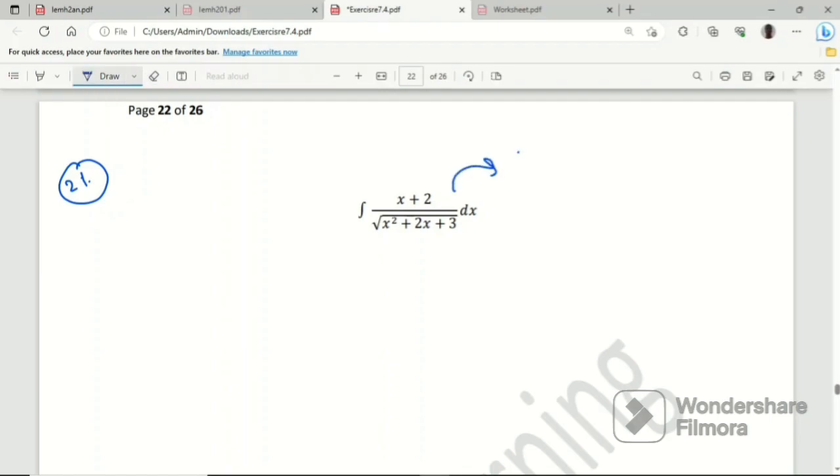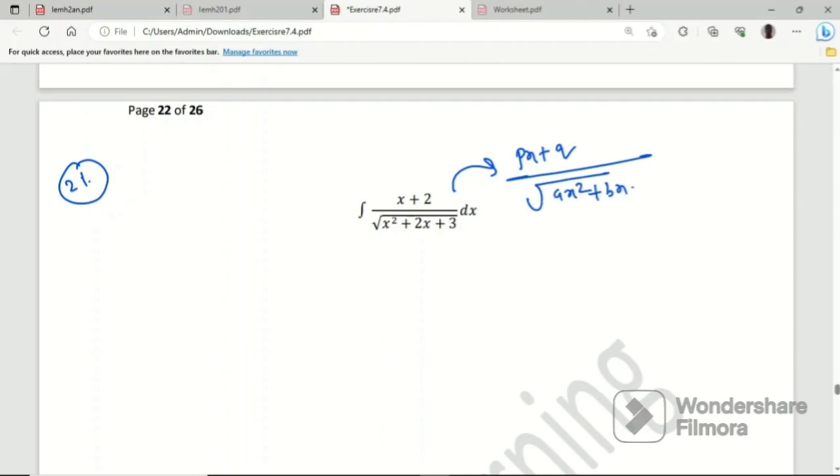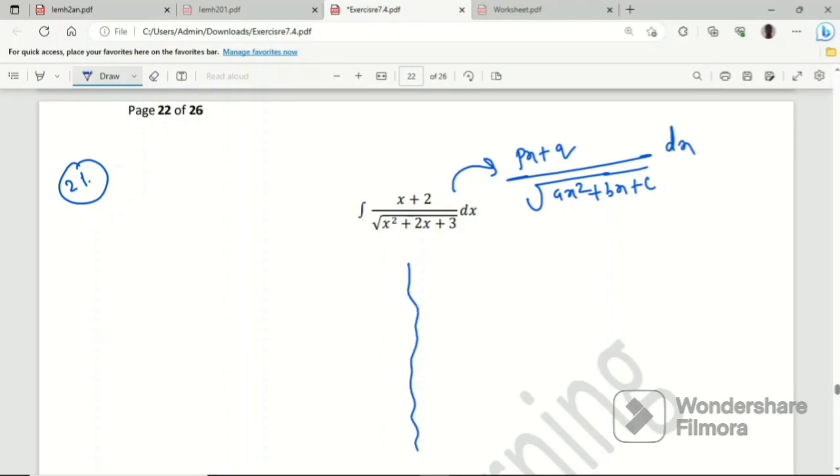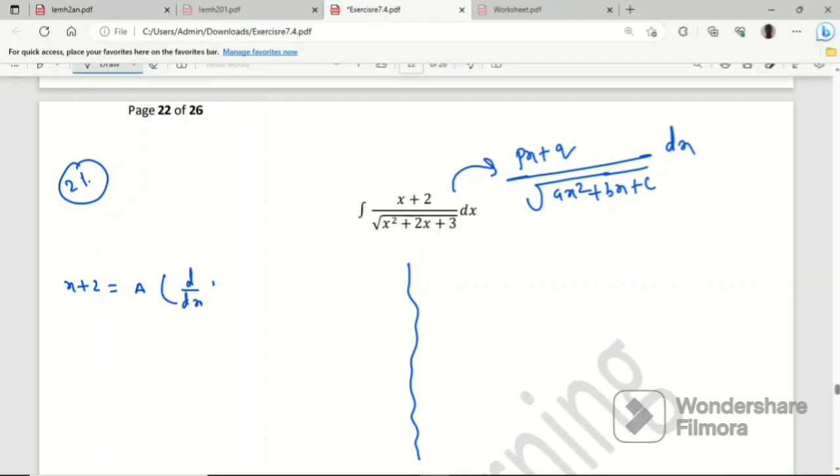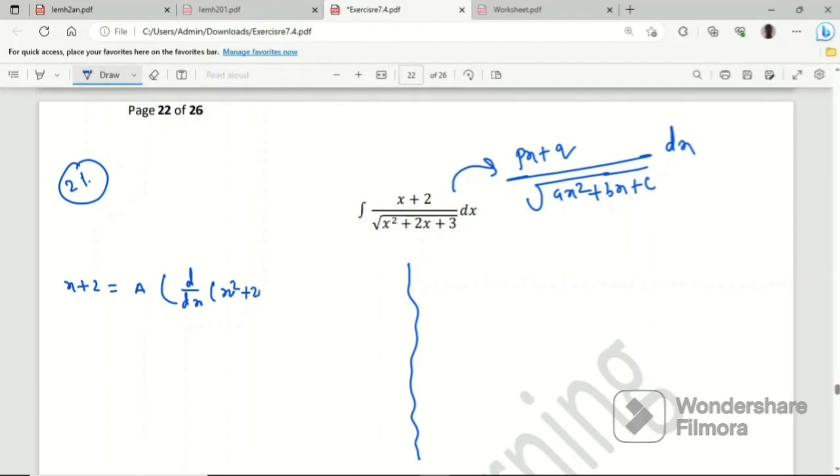So I need to use again the lengthier method we have to solve the px plus q form. Now we will solve this by the px plus q method, under root ax square plus bx plus c. So what we'll do here, we'll write x plus 2 as equal to a into differentiation of x square plus 2x plus 3 plus b.